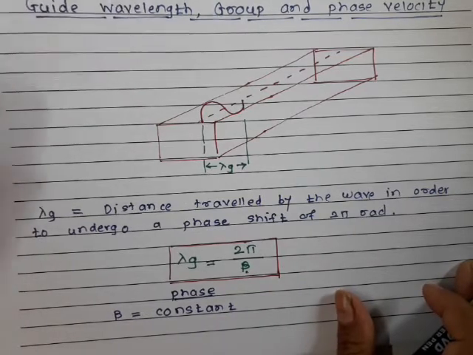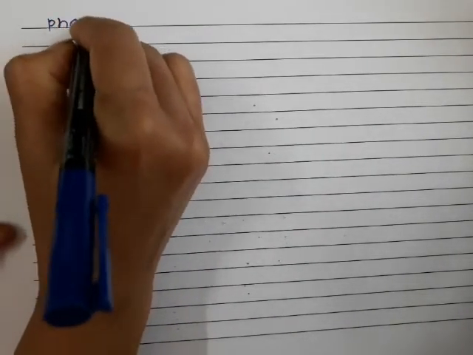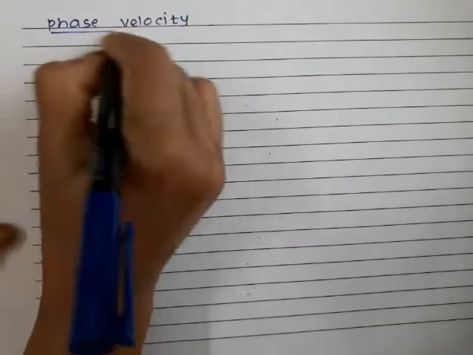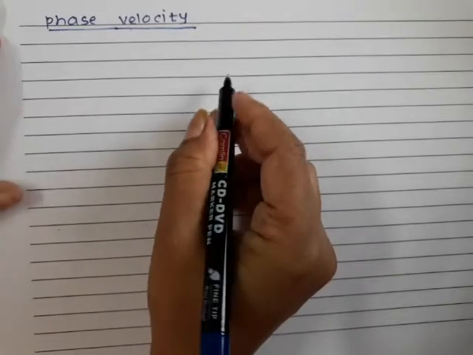Now let us talk about the second parameter we are discussing today, that is the phase velocity. Now what do you mean by phase velocity? We need to understand what phase velocity actually means.